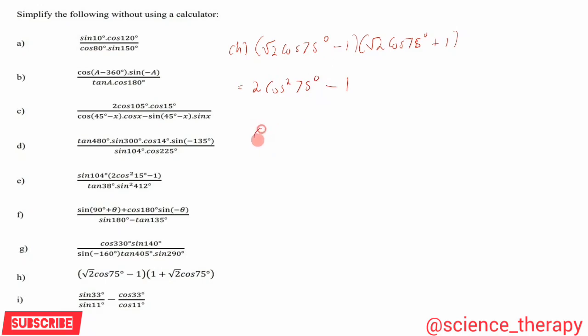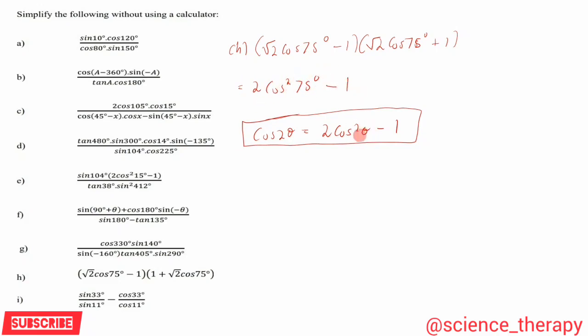We have cos 2 theta, which we know breaks into 2 cos squared theta minus 1, right? If you look at your formula sheet, you do have something similar to this, which is quite similar to what we have here, 2 cos squared 75 degrees minus 1.